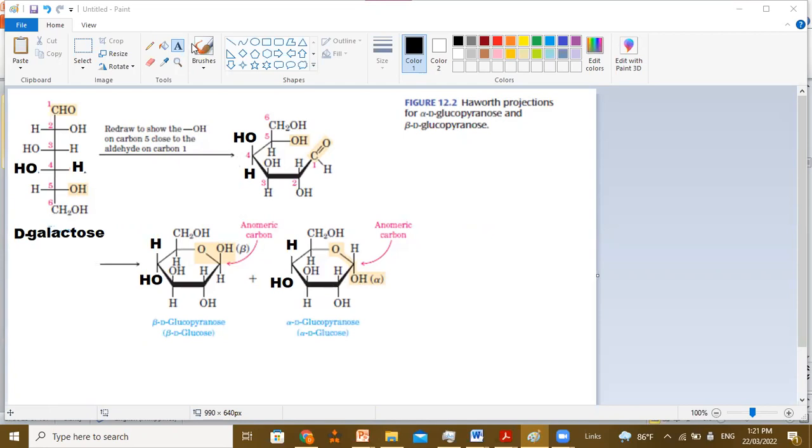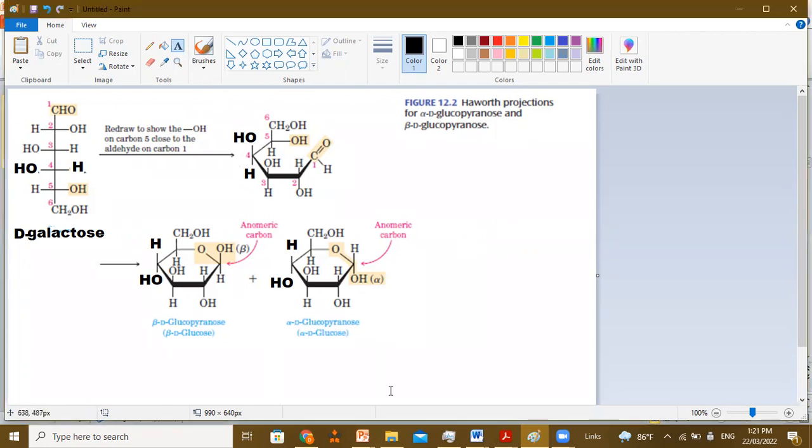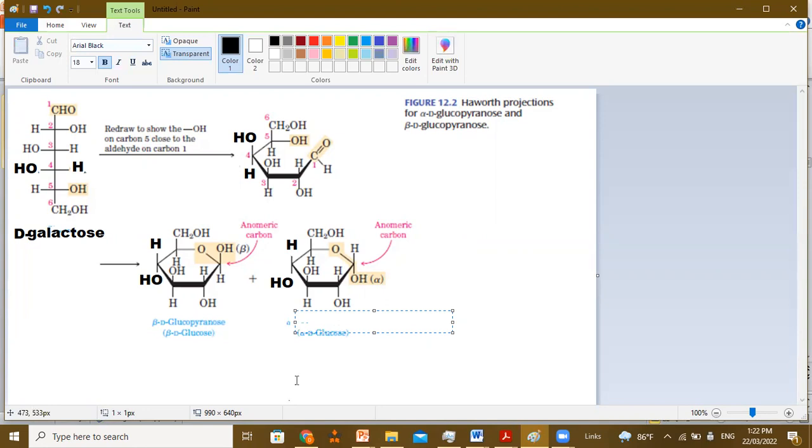Okay. So for us to name this one, this is a 6-membered ring, so this is a pyranose, but we don't call this glucopyranose, we call this one alpha. Alpha-D-galactopyranose.